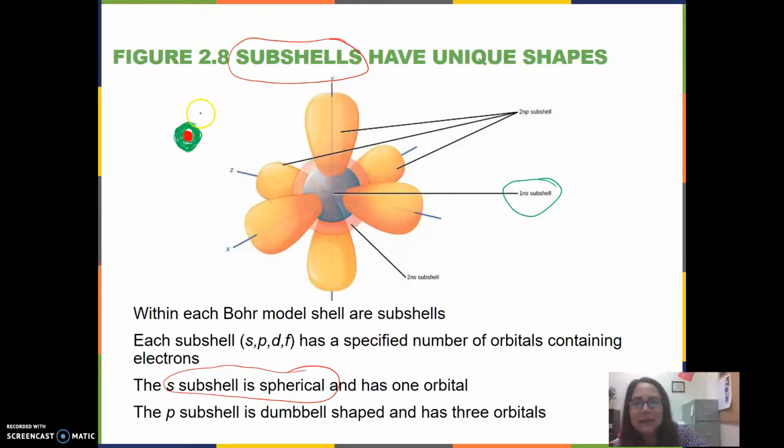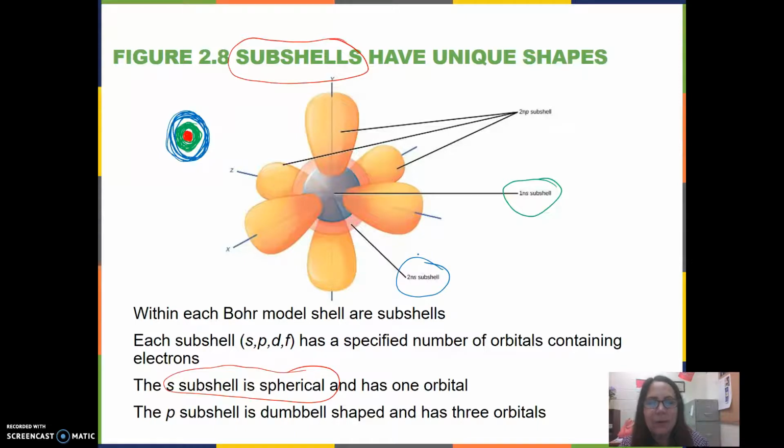The next 2 electrons are going to be in the second energy level, which is this blue area, in that the second energy level has what's called an S subshell as well. It's just outside of the first energy level S subshell. And you can see it here.